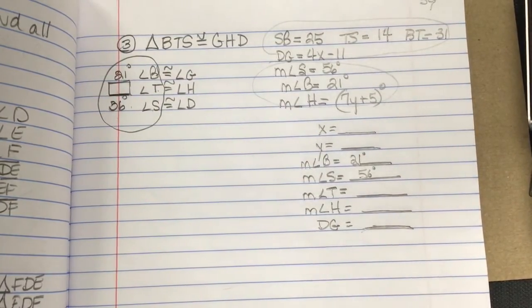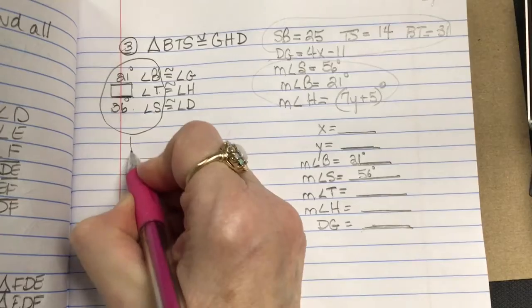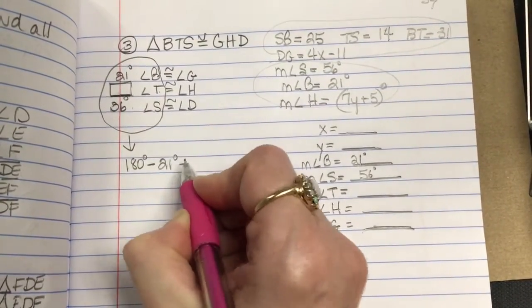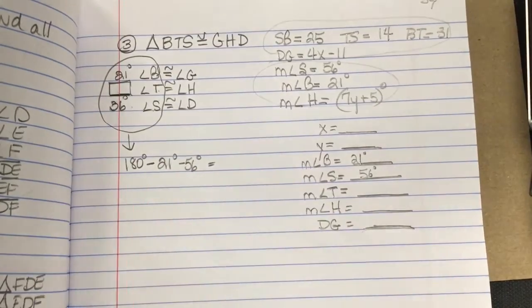Now, just a quick reminder on an ACT problem, pre-ACT, with a calculator, it's quicker, instead of adding and then having to subtract, to just do it like this: 180 degrees minus 21 minus 56. And that's fewer keystrokes.